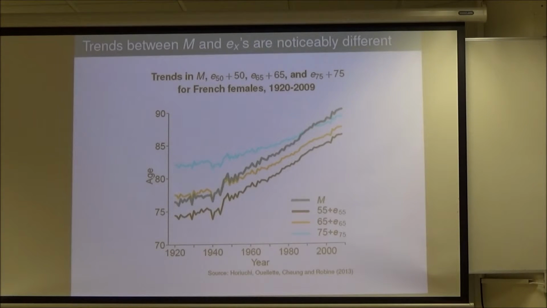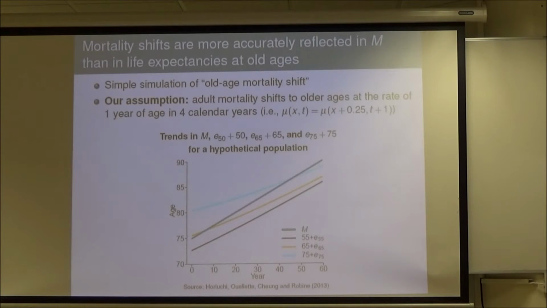So in order to understand these different trends better, and also to make sure that what we're observing here is not some kind of peculiarity of the French mortality history, we ran a simple simulation of an old age mortality shift. For a hypothetical population, we assume that adult mortality shifts by 1 year of age in every 4 calendar years.